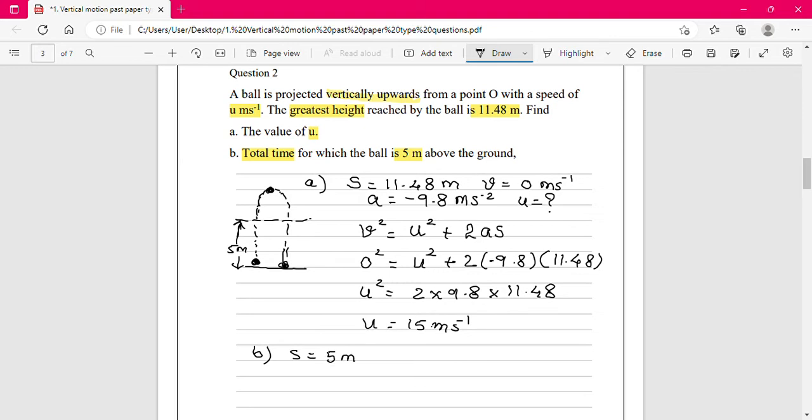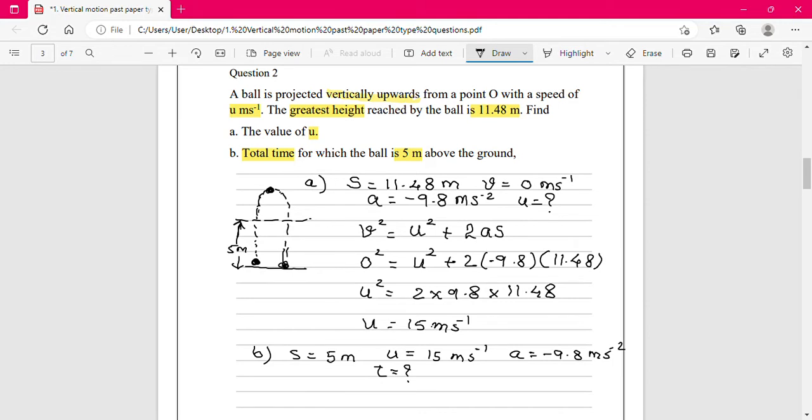Now, u we have got already in part a, 15 meter per second. a is negative 9.8 meters per second square, and you want to find out t.